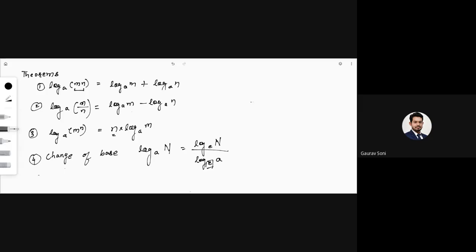So e is a constant. e is an irrational number. There were some irrational numbers that you have studied in your previous classes, and one of them is e.